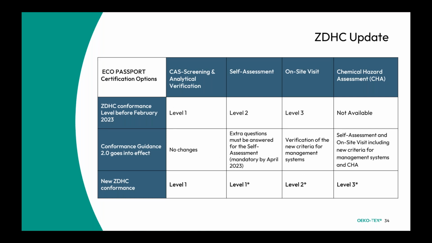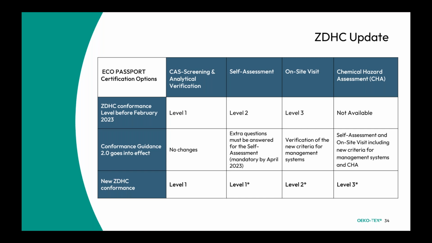Here's a little overview of what this really means for the EcoPassport certification options. Before, if one had a CAS number screening and an analytical verification, this would lead to level 1. Not really any changes here, so this will still lead to level 1. For the self-assessment, some new extra questions have been added.